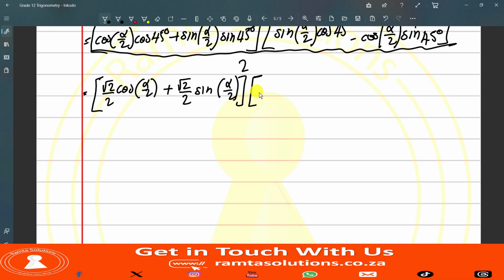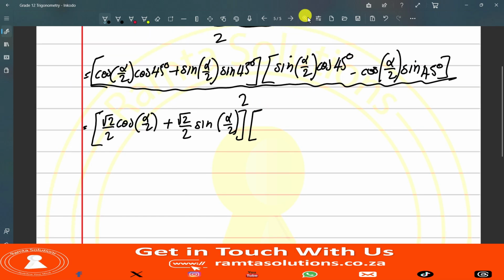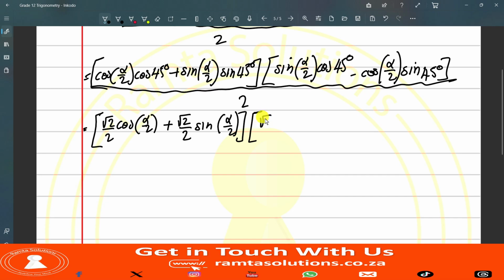Then this bracket multiplied by cos 45, once again root 2 over 2, sine alpha over 2 minus sine 45, root 2 over 2, multiplied by cos alpha over 2.